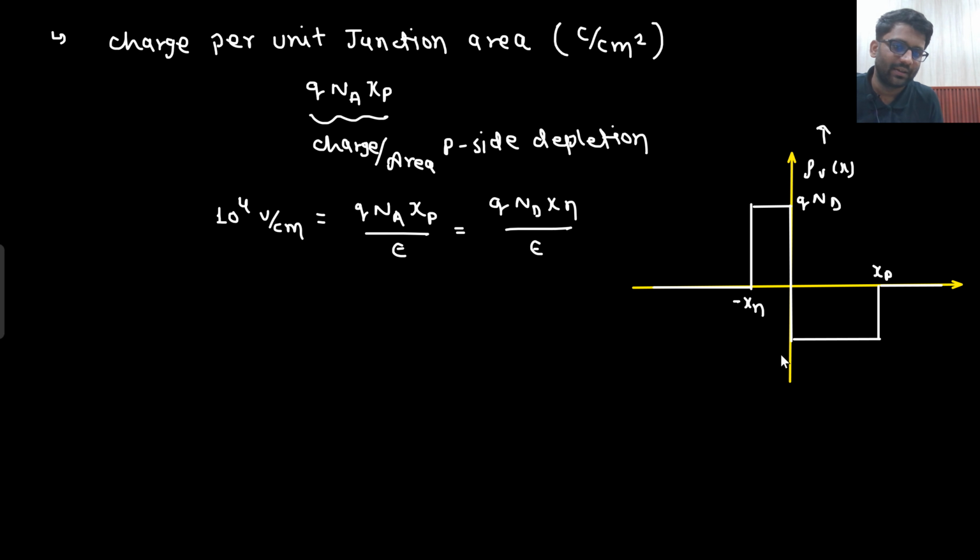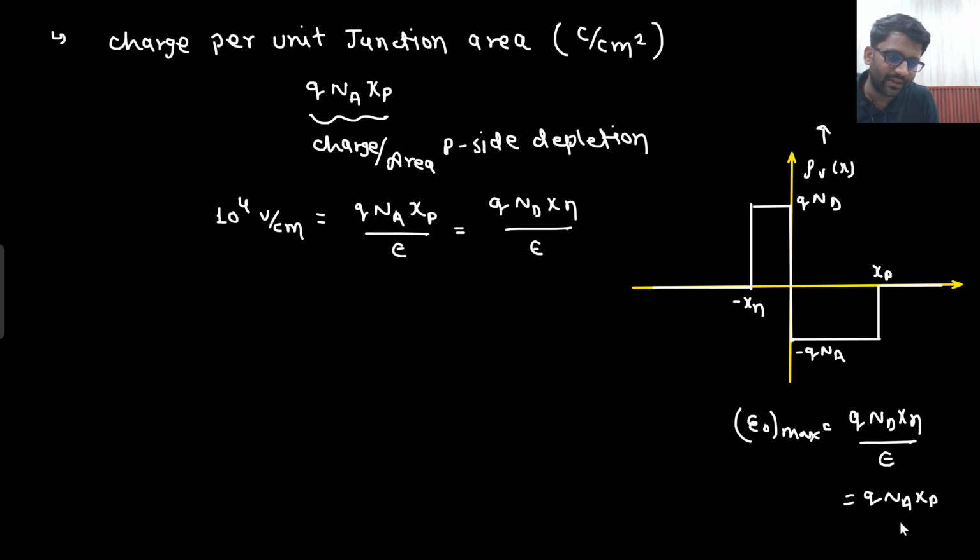Here I will get Q Nd, and here I will get minus Q Na, right? When I integrate this and divide by epsilon, I get the electric field. So E naught max would simply be Q Nd xn divided by epsilon, or equal to Q Na xp divided by epsilon. Why are they equal? Because this much area would be equal to this much area. So from here you also know that Nd into xn would be equal to Na into xp, right?